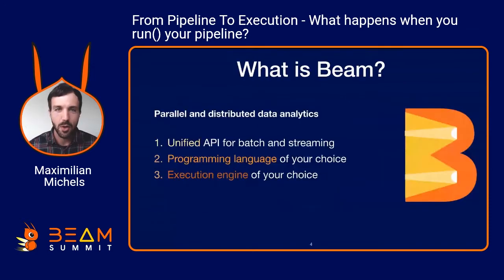So what is Beam? This is not an introduction talk, but just for completeness. Well, Beam has three characteristics, at least for me. Obviously it's for parallel and distributed data analytics, but it has these unique features of having a unified API, having multiple programming languages that you can use for composing pipelines, and also you can choose your execution engine.